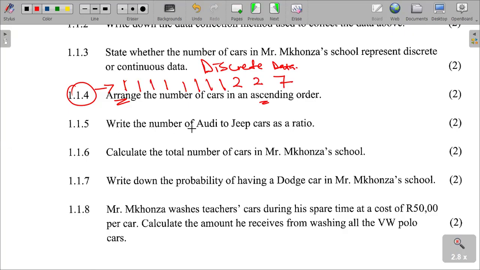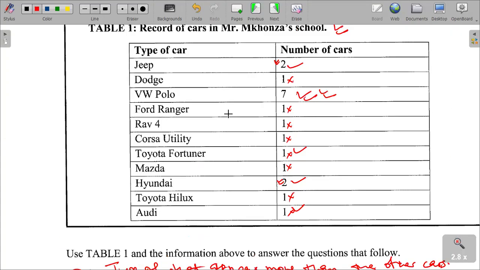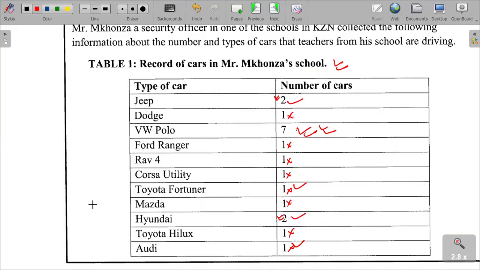And then write the number of Audi to GP as a ratio. So you are going to look at how many Audi cars we have. Audi to GP, in terms of the Audi we have 1 here, and then GP, we have 2.